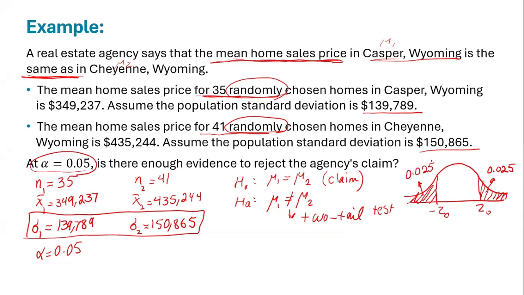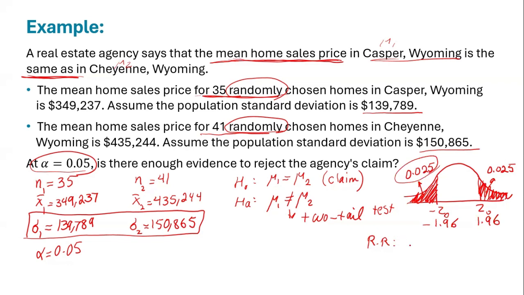Now, I'm going to look at the z-table and look for this area to find the corresponding z-value. I did it in a previous example and I found negative 1.96 and positive 1.96. So the critical values are negative and positive 1.96, and the rejection regions are this shaded area.